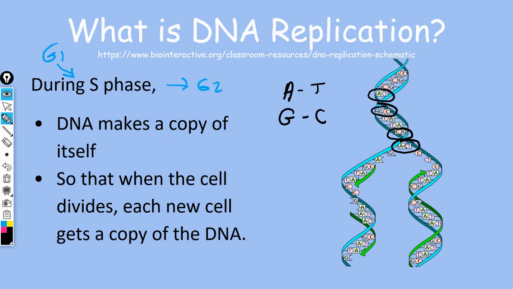These are actually called complementary base pairs because they are complements of one another. A and T always pair together. G and C always pair together. And when the cell divides, since we have this replication mechanism and this base pairing, each new cell gets an identical copy of the DNA, which is extremely important.